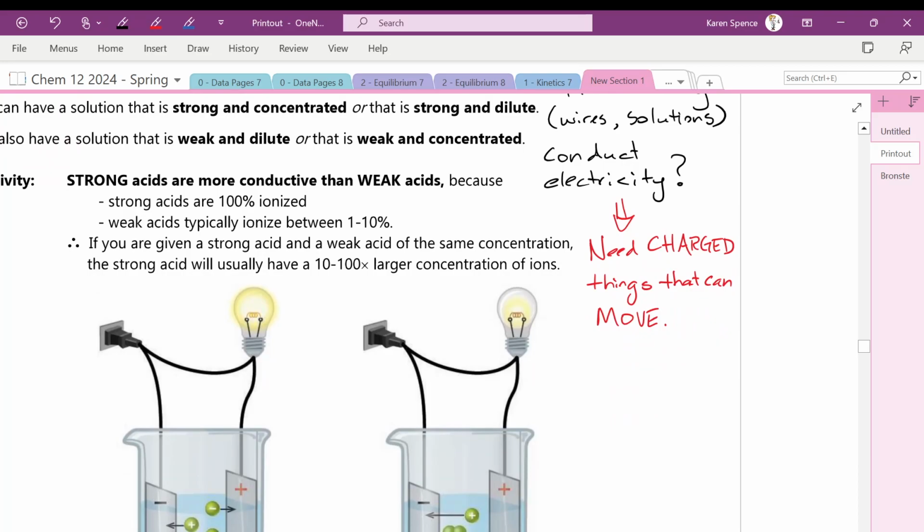So in the wire, we would have electrons, and they move through the wire.